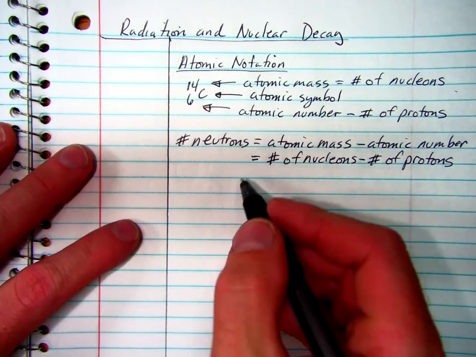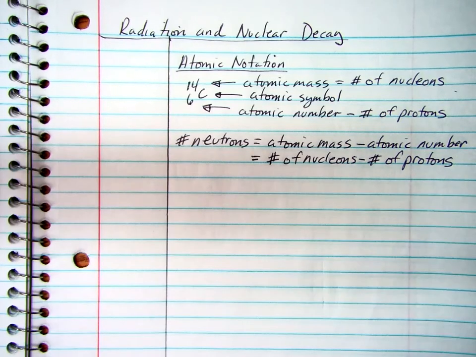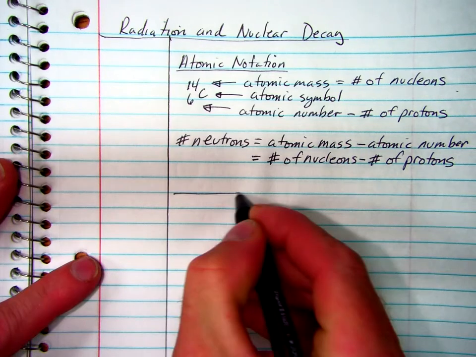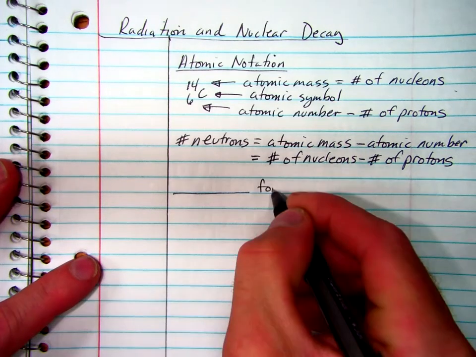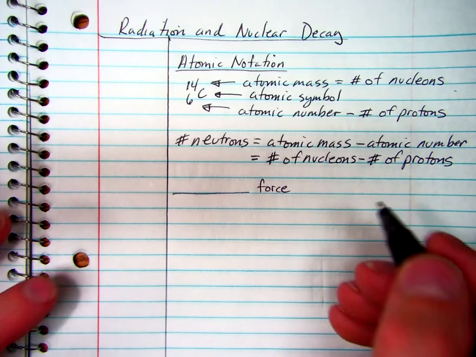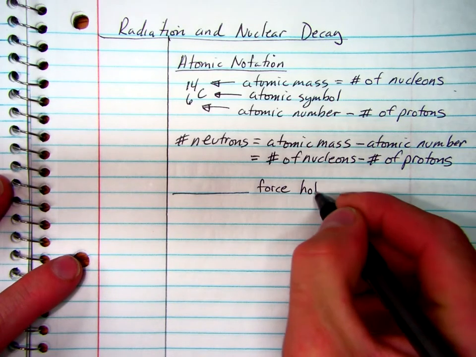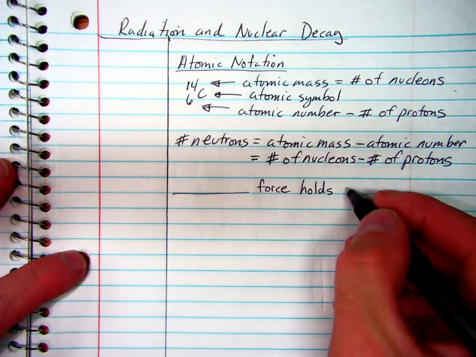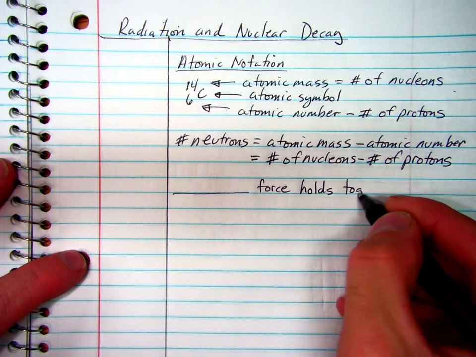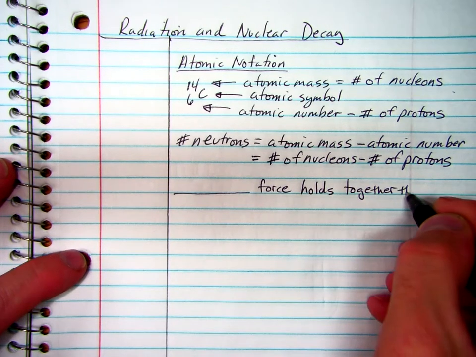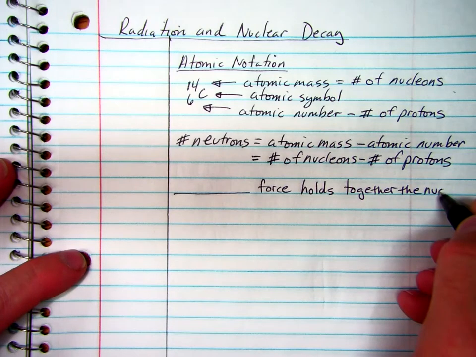There are a couple of forces that we deal with in the nucleus. There are 4 fundamental forces in physics, in the universe in fact, and those are the electromagnetic force, the gravitational force, and then the strong and weak nuclear force. I'd like you to research and find out which of the 2, either strong or weak force, holds together the nucleus. Look it up.